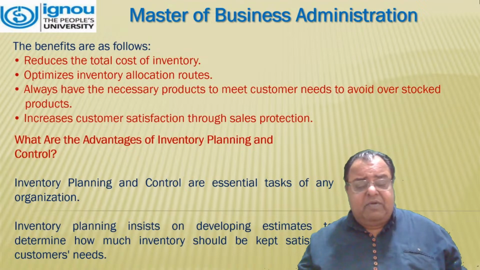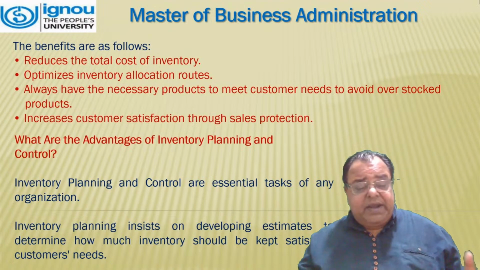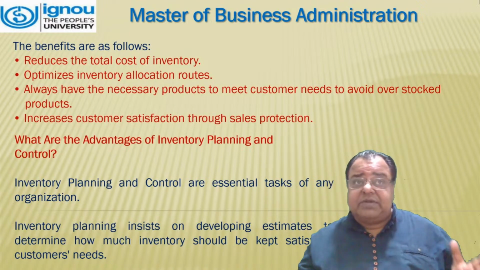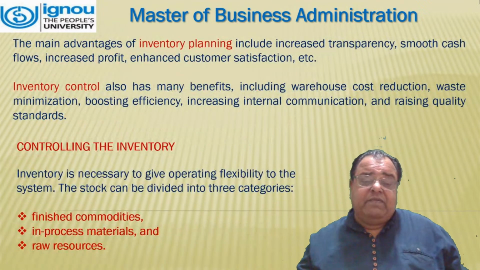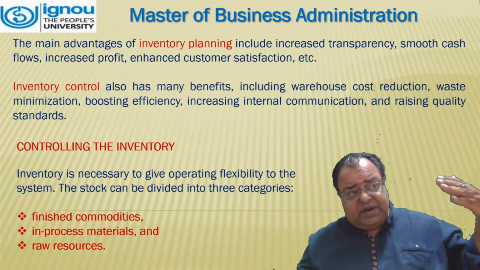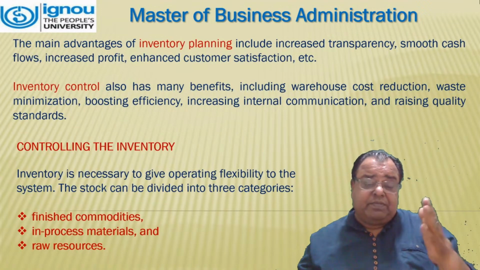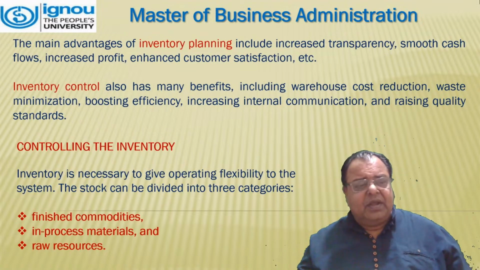Inventory planning and control are essential tasks of any organization. Inventory planning insists on developing estimates to determine how much inventory should be kept, satisfying customers' need. The main advantages of inventory planning include increased transparency, smooth cash flows, increased profit, enhanced customer satisfaction, etc.